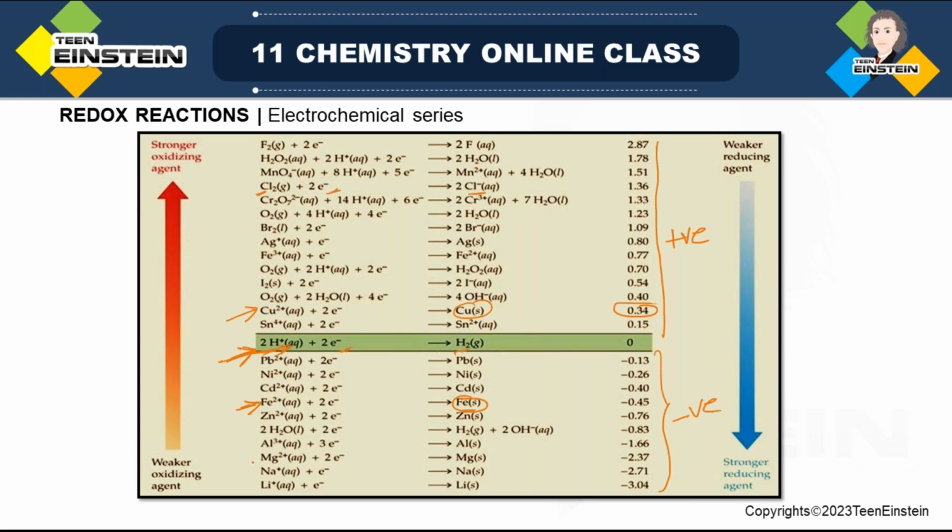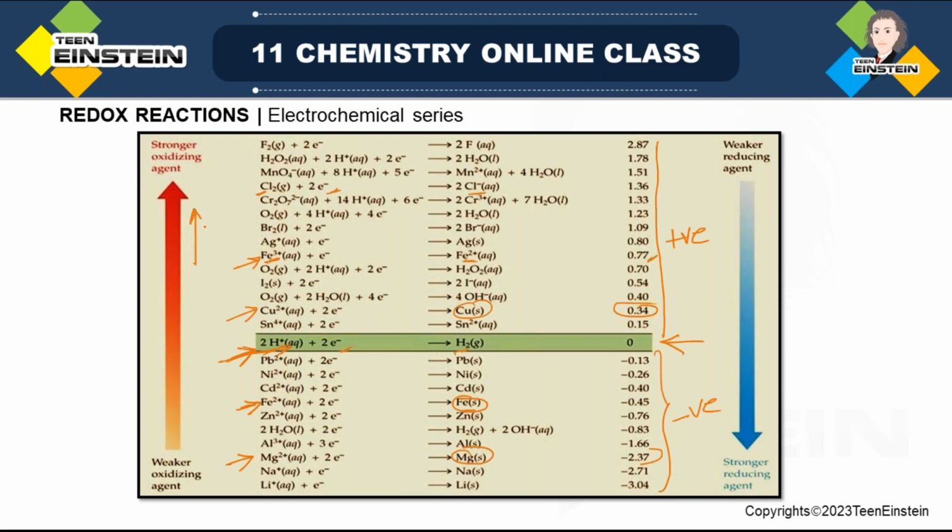Similarly, if you choose the Mg2 plus Mg system and the Fe3 plus Fe2 plus system, obviously now Mg will feed electrons to Fe3 plus, and Fe3 plus will be converted to Fe2 plus, because compared to this value, that value is negative. Negative values compared to the standard, which is 0, mean a stronger reducing agent.